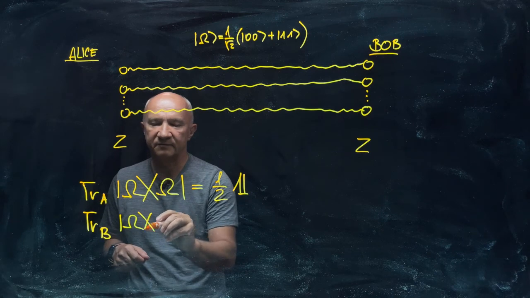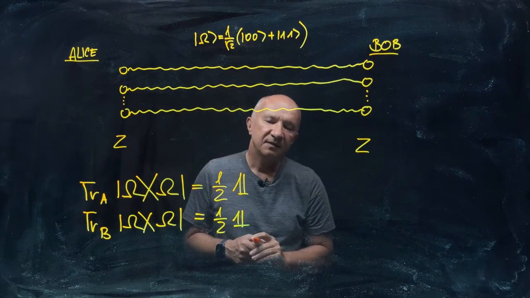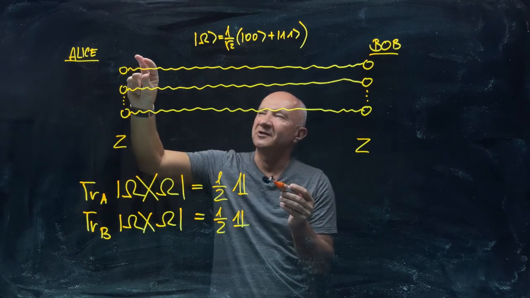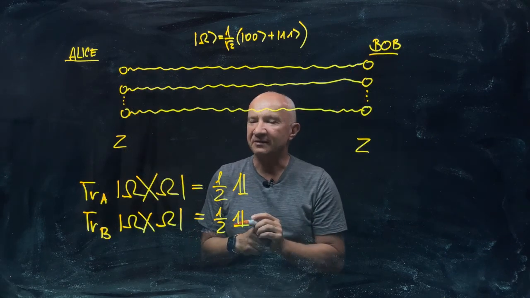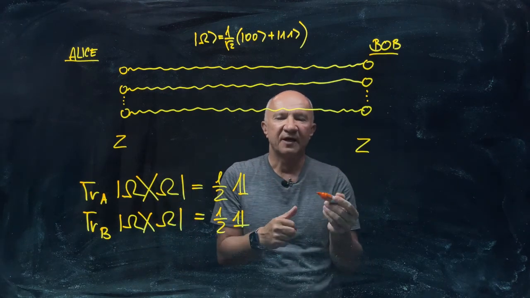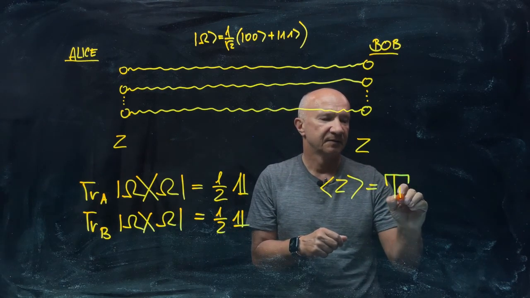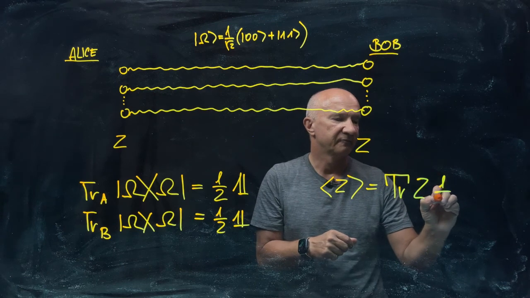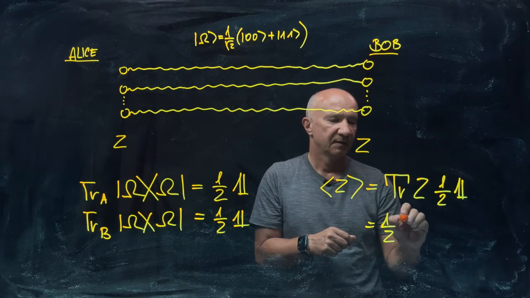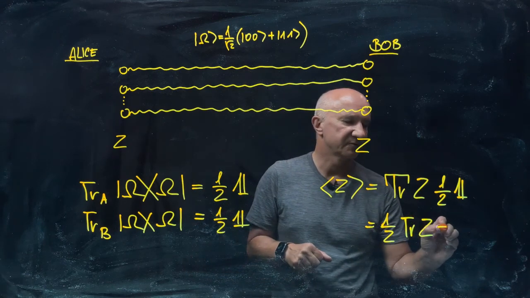So that gives you also the identity. Clearly, if this is the density operator associated with each qubit, and you want to know the average value of observable Z, then it is trace of Z times half identity, which is equal to half trace Z, and you know that the Pauli operators have zero trace.